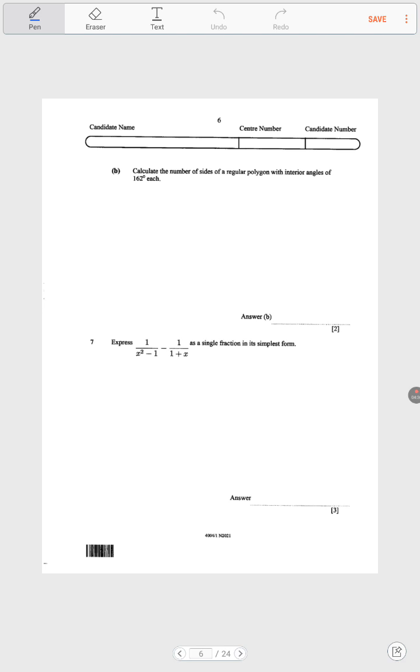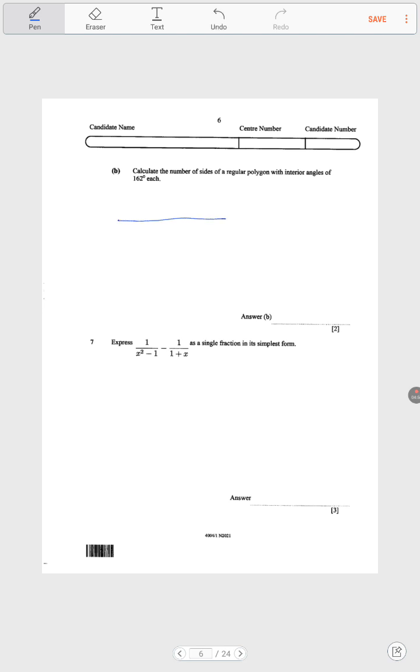6, part B, it reads, calculate the number of sides of a regular polygon with interior angles of 162 degrees each. So here I'm just going to illustrate something.